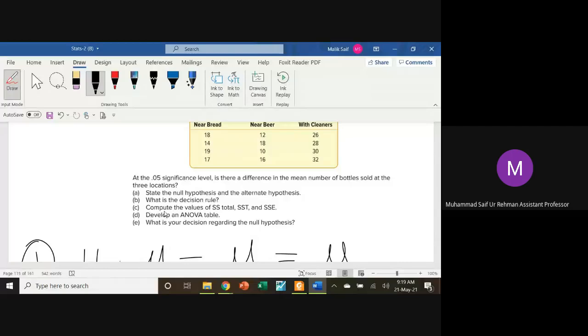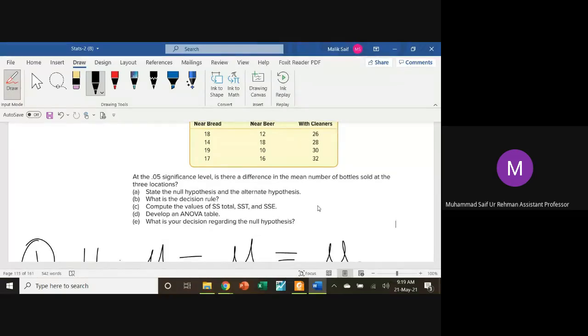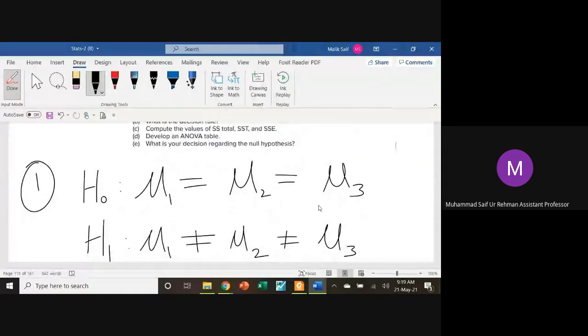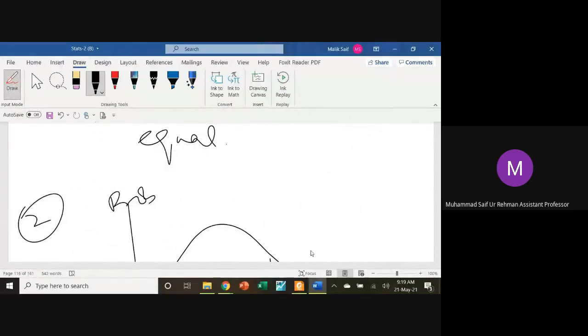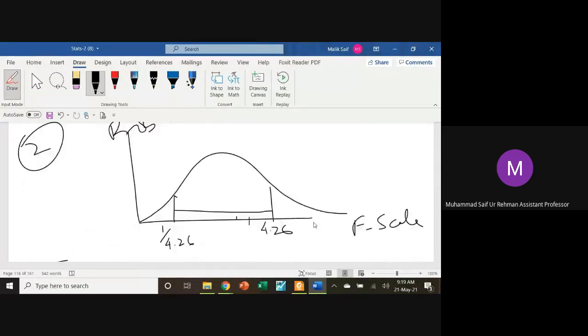Compute the values of SST, the total sum of squares, the sum of squares for treatments, and the sum of squares error, or error sum of squares. These are the terms that you have to use when you are interested in finding out the calculated value of F. There are two strategies to find out these values.